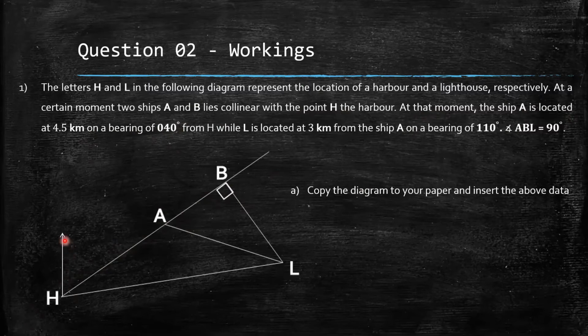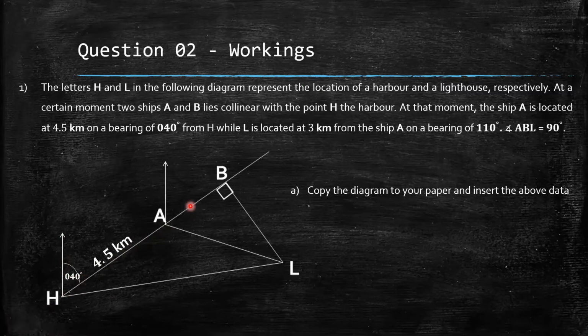I represent it using an arrow. From north it is 40 degrees. Now the distance to A from H is 4.5 kilometers and at a bearing of 40 degrees. So from north it is 40 degrees, right?